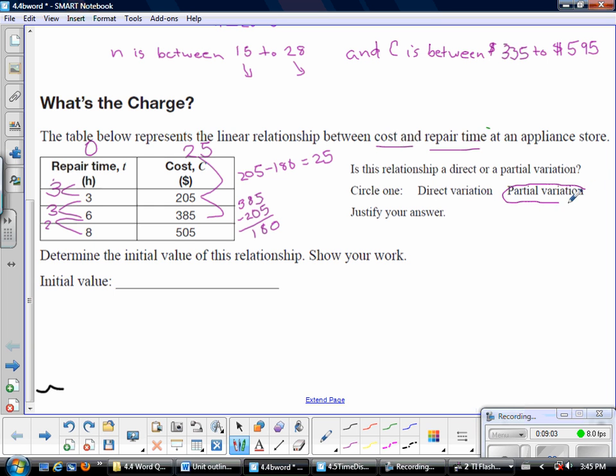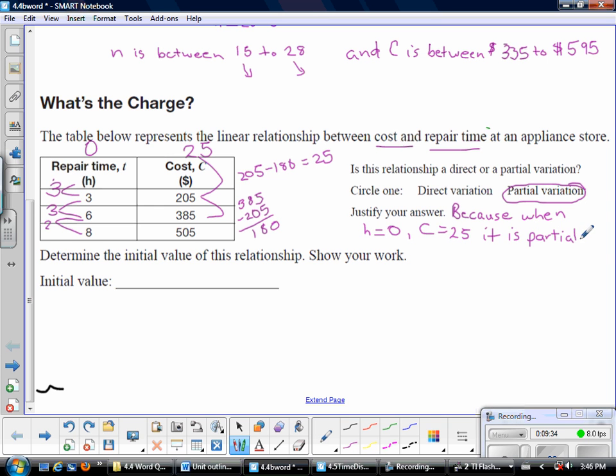Well, some of it has to do with the work that we've shown here. Also, we can say what we know about a table of values, because when h equals 0, c equals 25, it is partial.